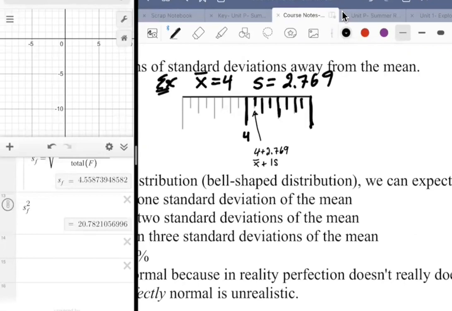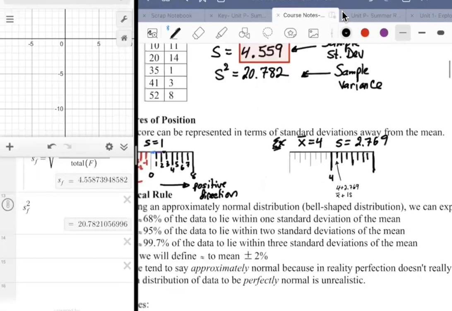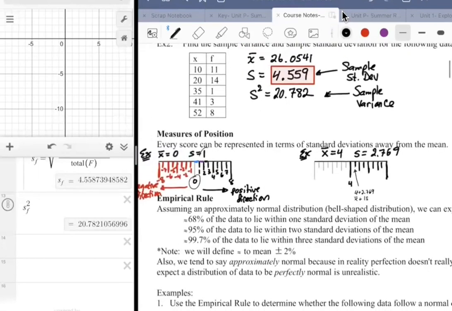All right, so that's what this represents. Previously, over here, the mean was 0 and the standard deviation was 1. So that 1 that I first labeled here, that was 0 plus 1, the mean plus 1 standard deviation. It's the same action, it's just using 2 different values. Instead of 0 and 1, it's 4 and 2.769, right?